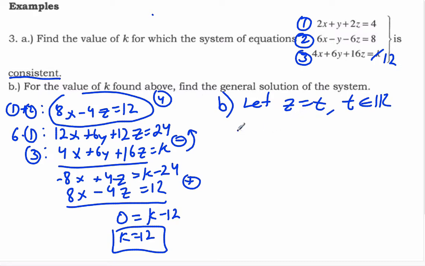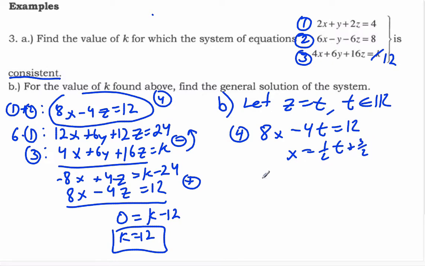And then I'm going to take my equation 4 that I had from before. We have 8x minus 4t equals 12, and you solve this for x. You get half t plus 3 over 2. And so then I can take that and substitute it into another equation, like number 1.